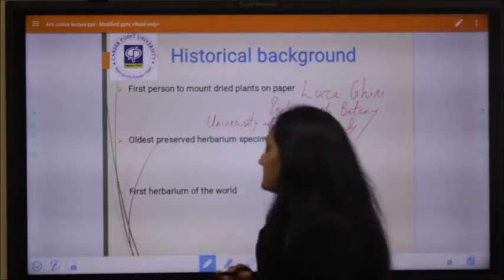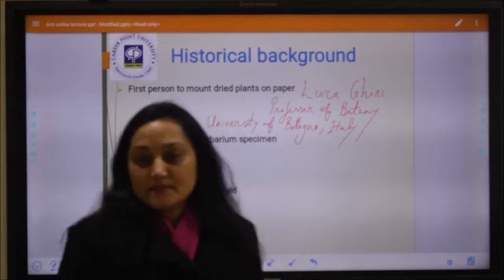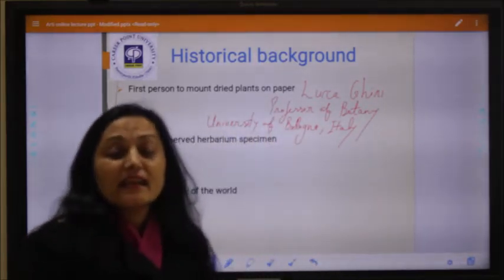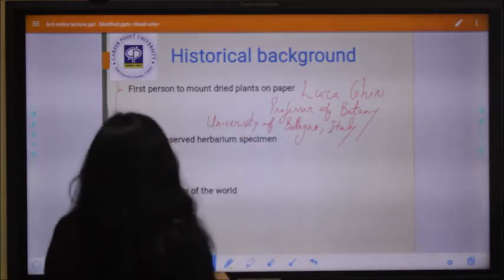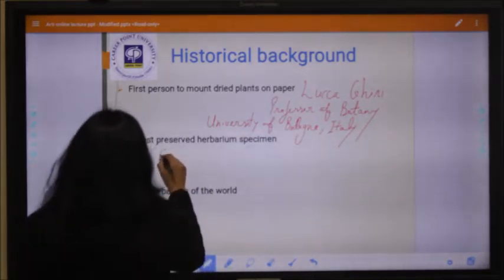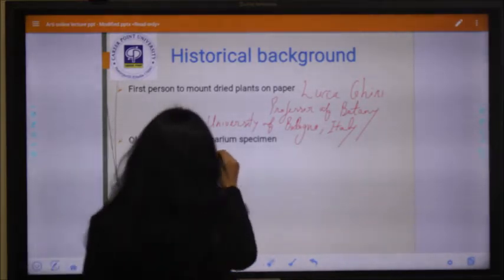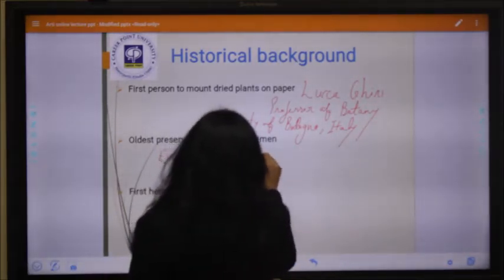The oldest preserved herbarium specimen is still existing in Florence, Italy.